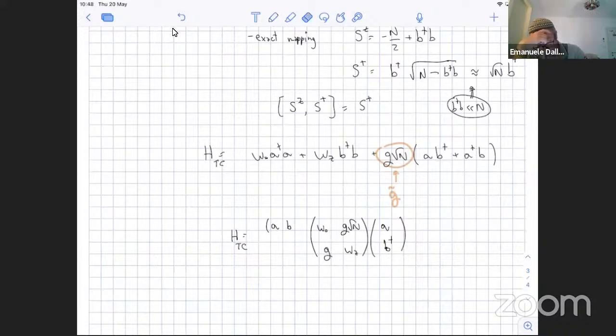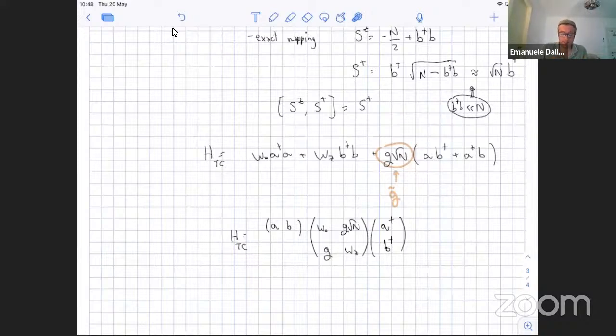Yes, okay, sorry. Okay, now it's better. So this is basically A B dagger, and this is B A dagger. That's fine. There is nothing tricky with this, just very, very simple.